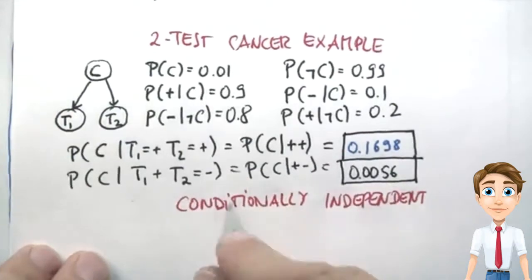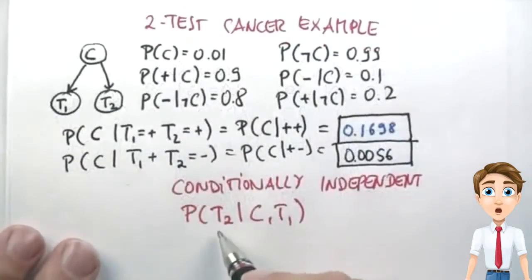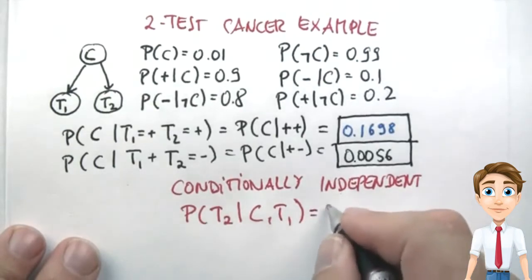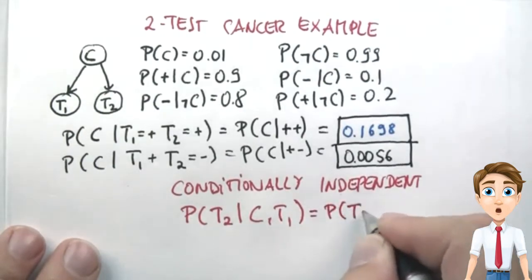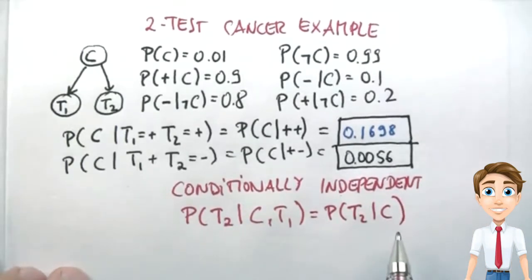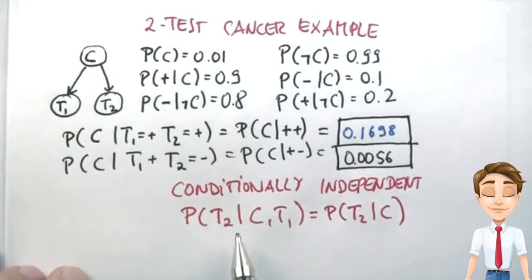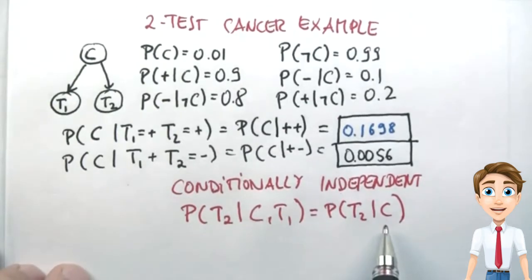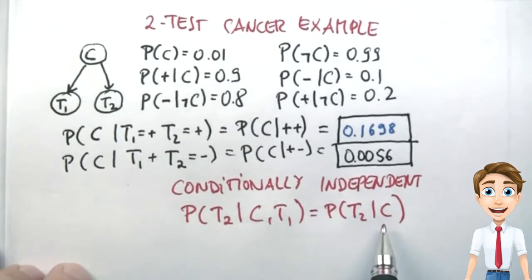Put differently, we assumed that the probability of T2 given C and T1 is the same as the probability of T2 given C. This is called conditional independence, given the value of the cancer variable C. If we knew this for a fact, then T2 would be independent of T1.